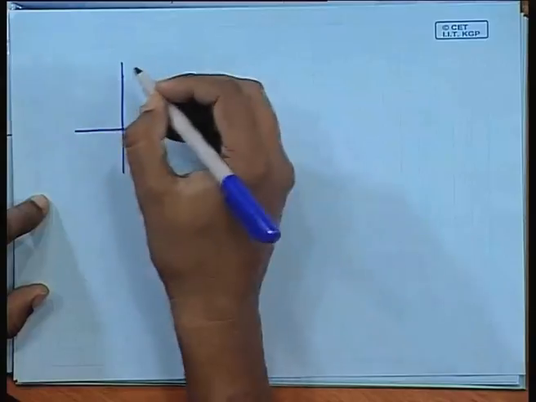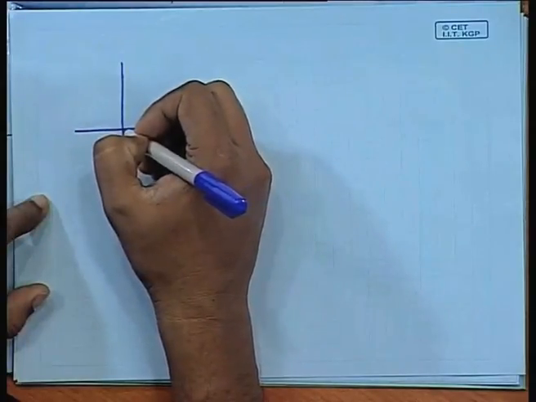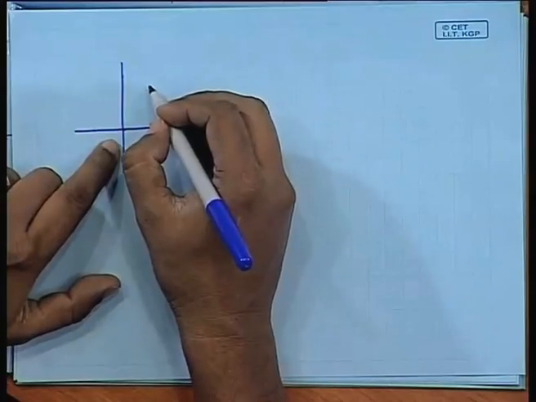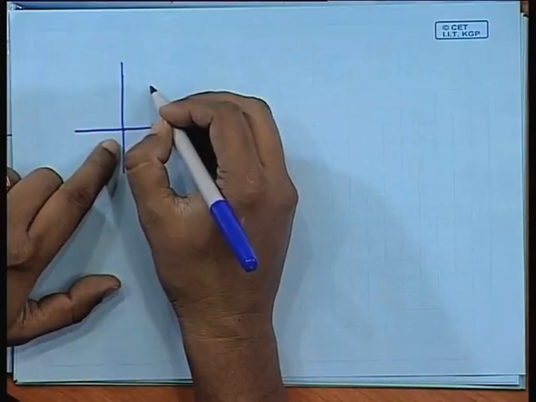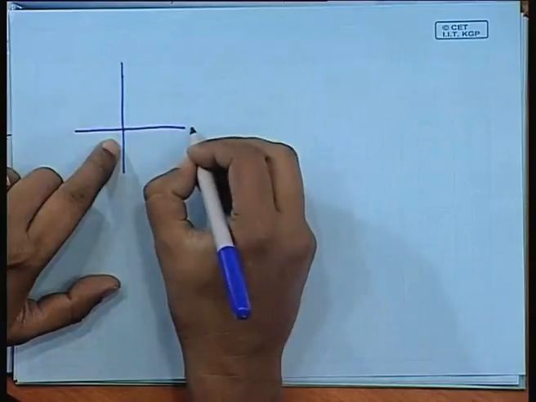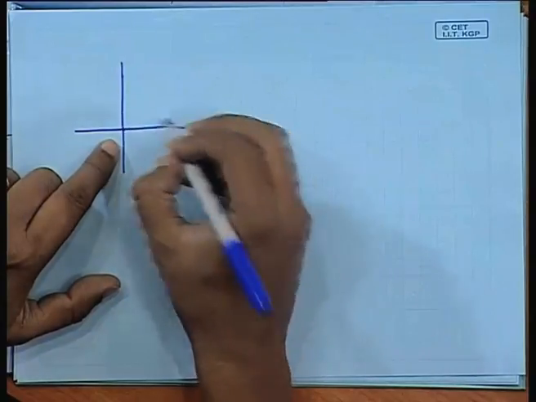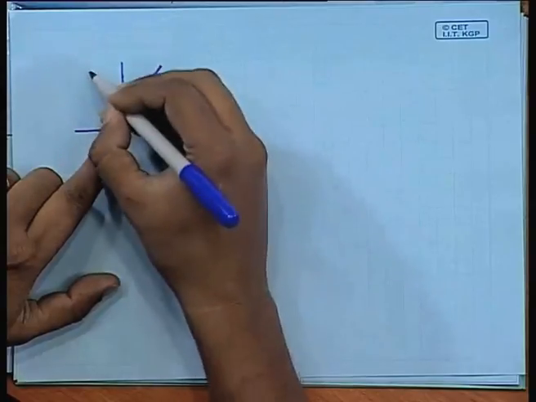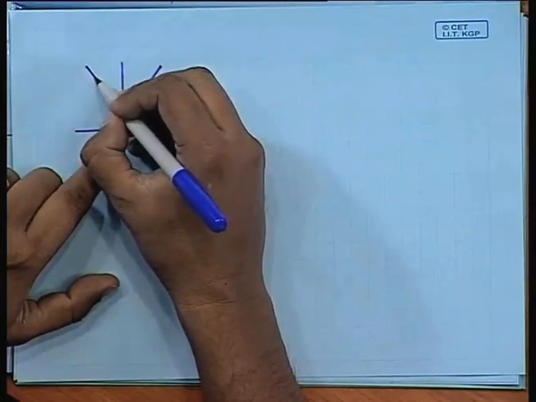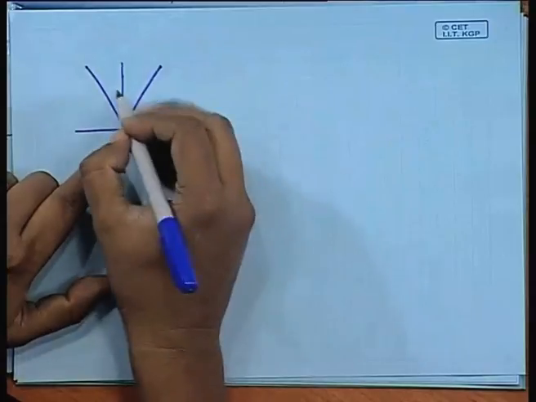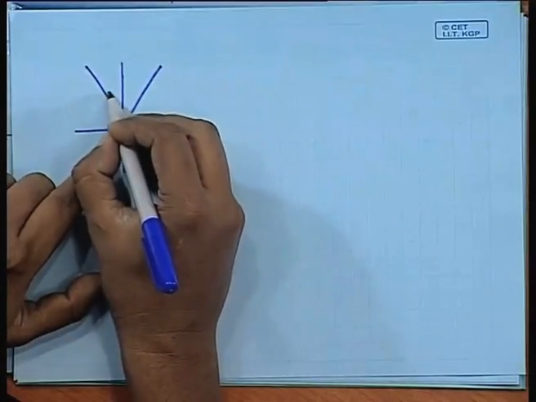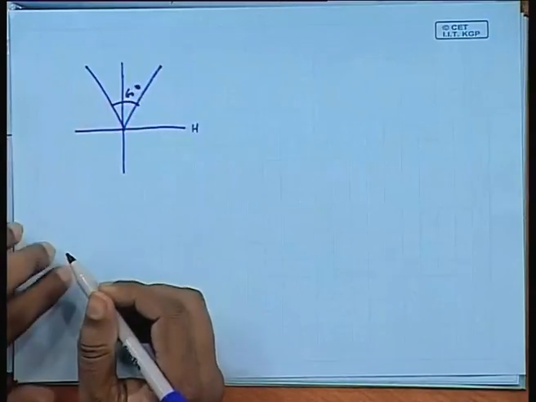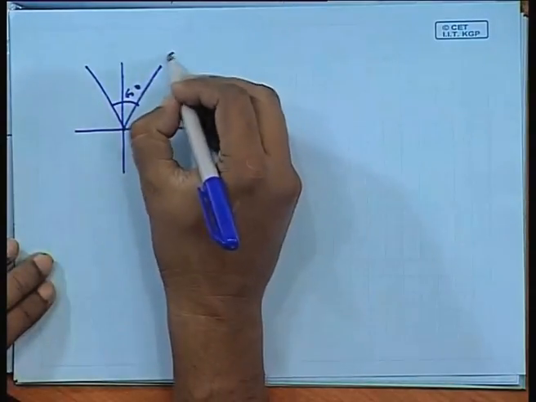Here, if the sun is 60 degrees above the horizon, so this is the horizon, if the sun is between these two zones, say 30, 60, say this 60 degree here, this is when the sun is here.